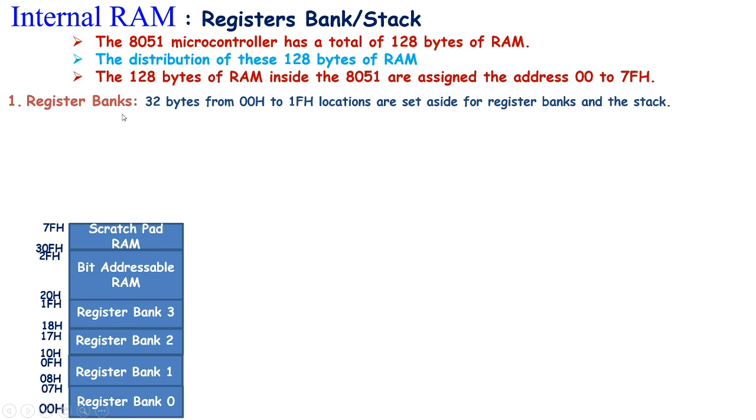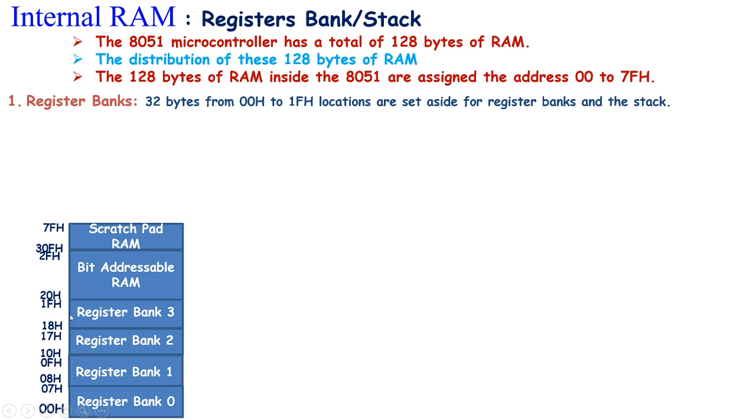First one, register banks. There are 4 banks, so 32 bytes. Each bank has 8 bytes or 8 registers, meaning 4 multiplied by 8, that is 32 bytes, addresses 00H to 1FH.